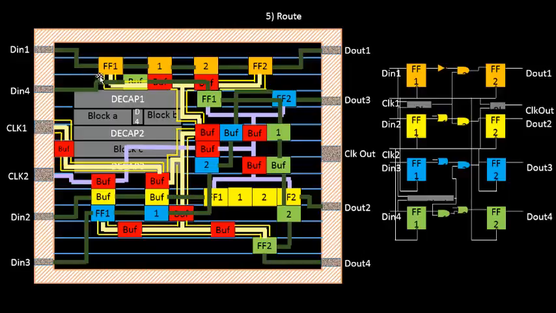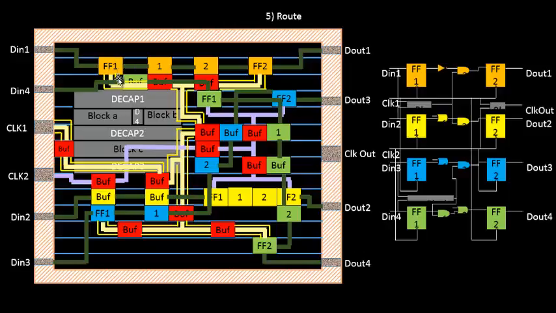That's the function of the timing-driven routing engine. For example, there was a timing scenario from flip-flop 1 to flip-flop 2 with the help of this clock tree. The route engine will make sure that the timing scenario during the CTS stage is not deteriorated. That's how the route has to be.